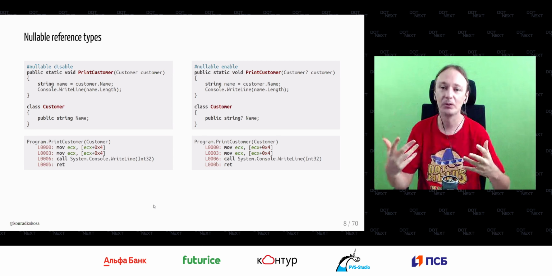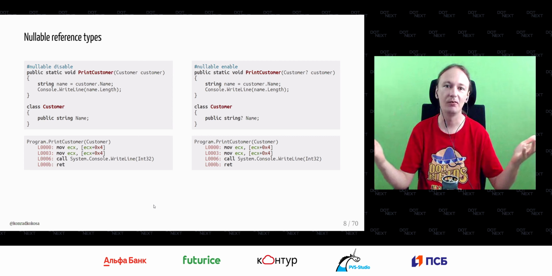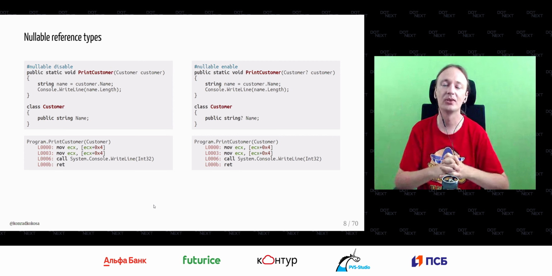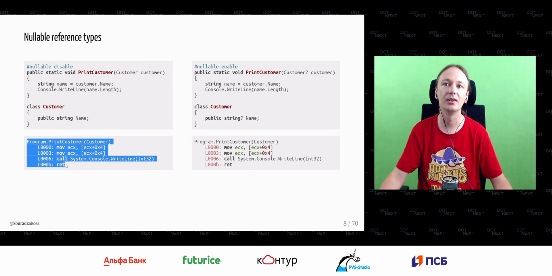So from the perspective of performance, it is exactly the same, whether it is disabled or not, whether C# knows that this reference can be null or not. From the JIT perspective, we see that the emitted code is exactly the same.